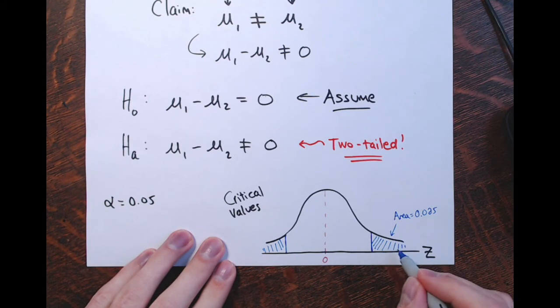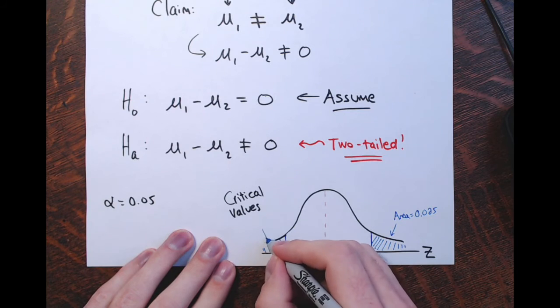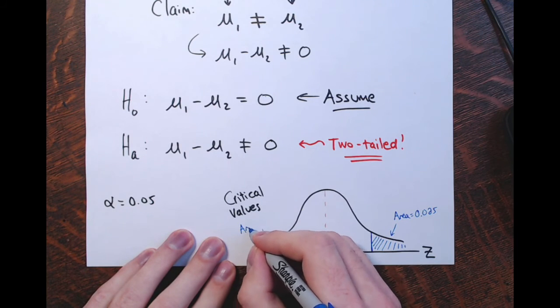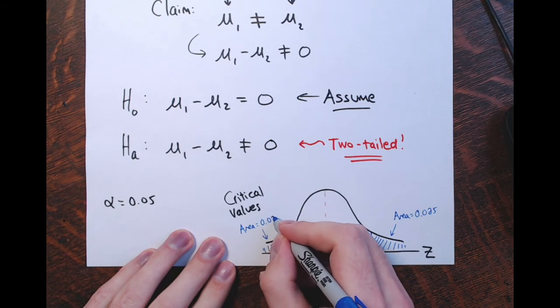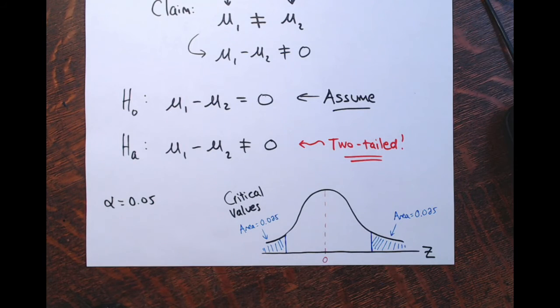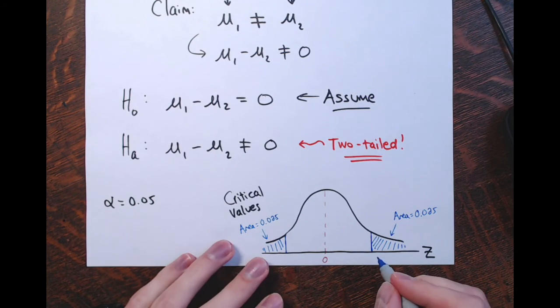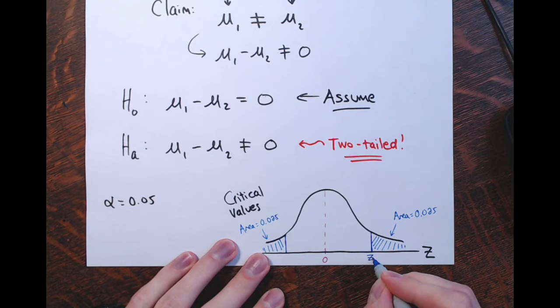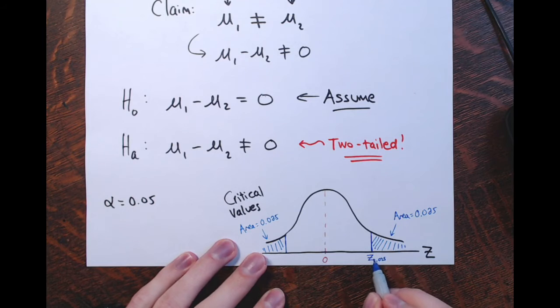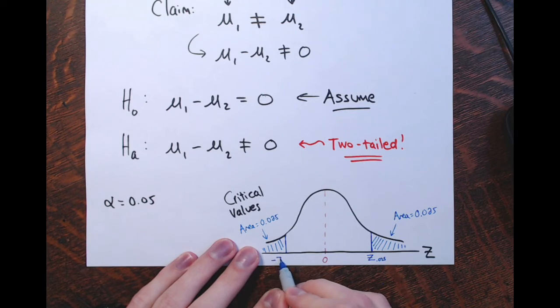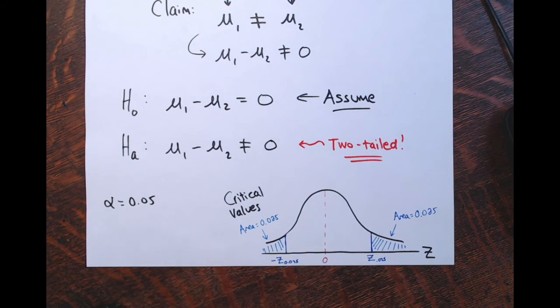The area of this right tail rejection region is 2.5%. Same thing over here, the area of this left tail rejection region is 2.5%. So what we're looking for is, what is the z-score with 2.5% above it? That's z with a subscript of 0.025. And its opposite, the z-score with 2.5% below it.